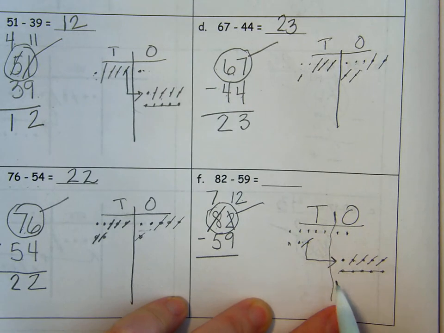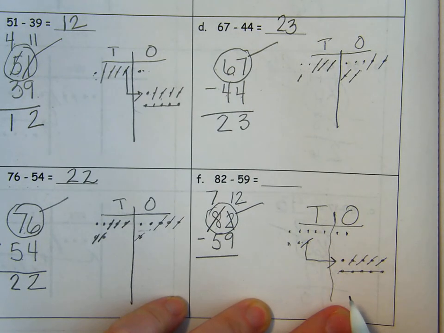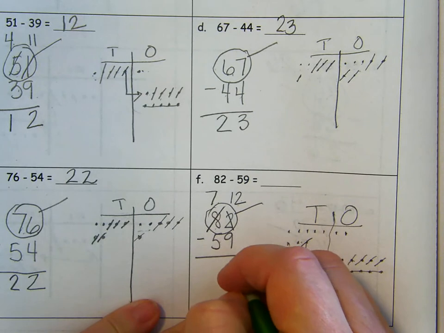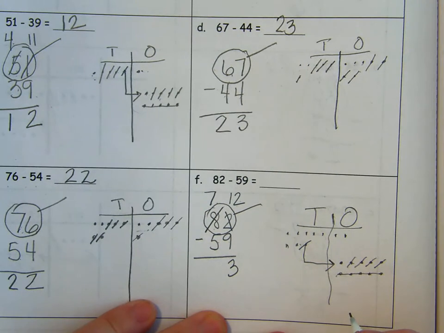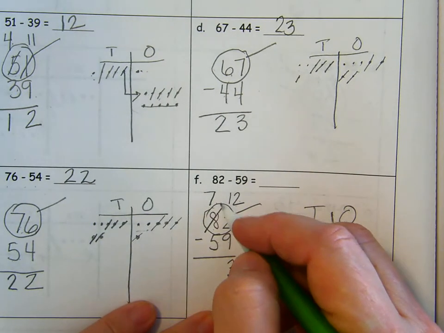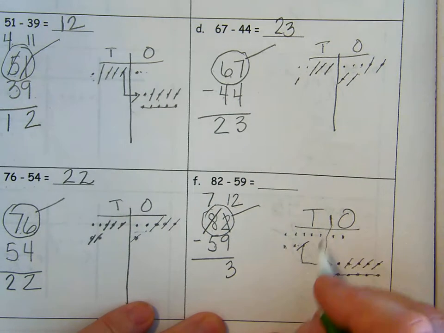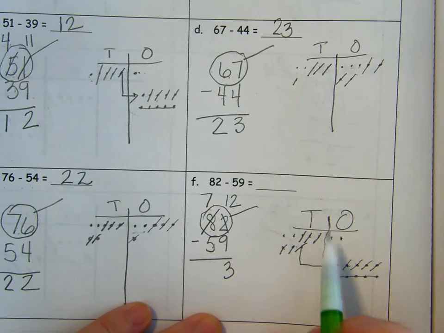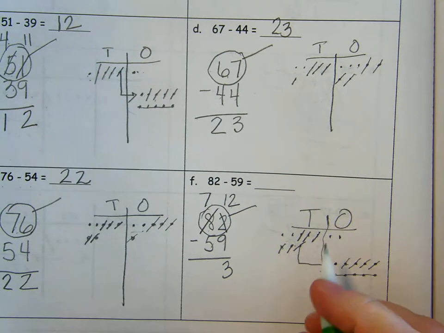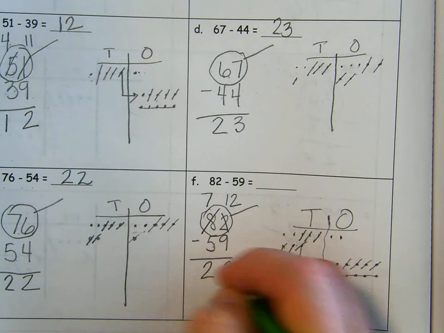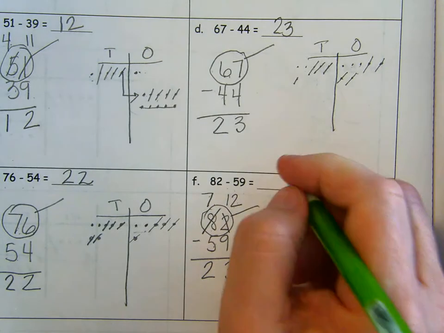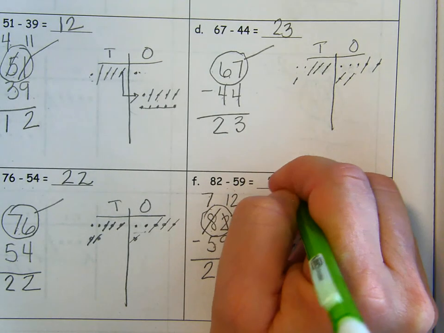How many are left on my 1 side? 3. 12 minus 9 is 3. 7 minus 5, 1, 2, 3, 4, 5 is 2. 82 minus 59 is 23.